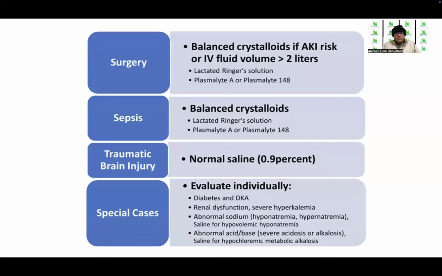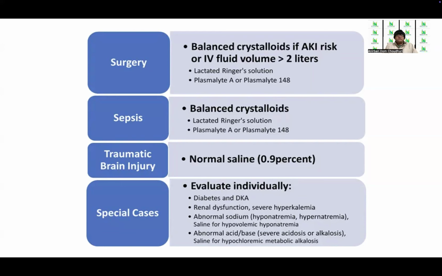So following surgery, balanced crystalloids have to be administered if there is AKI risk, or if the patient has an IV fluid volume of more than 2 liters, in which case we prefer lactated Ringer solution or Plasma-Lyte A, etc. In sepsis, we administer balanced crystalloids, either lactated Ringer or Plasma-Lyte. In traumatic brain injury, you usually go for normal saline.